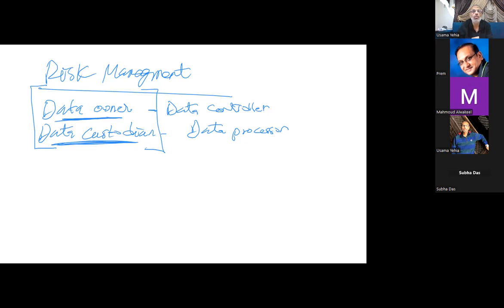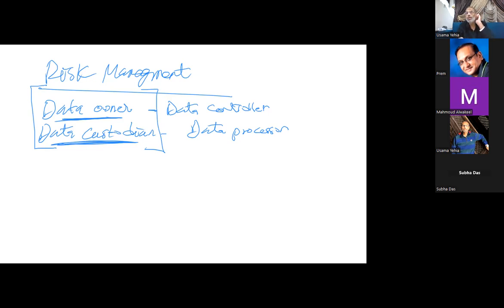For example, we have a financial department owning some files. When we own the file, yes, but who is processing the data for the backup, for the recovery, for the replication, for DR, for security? We are the data custodian.